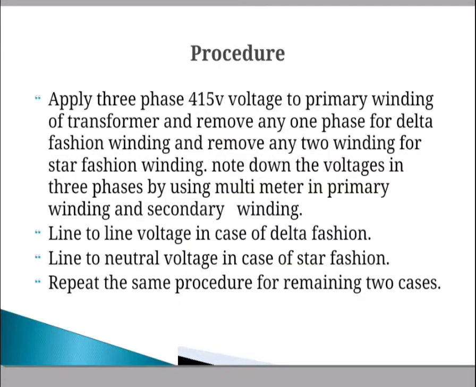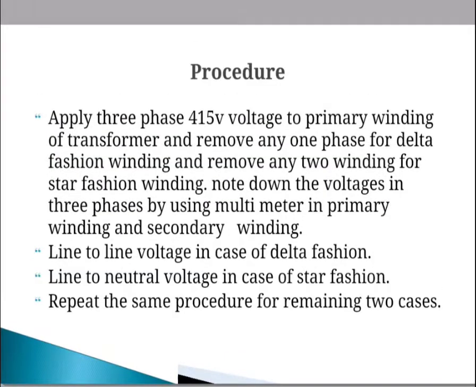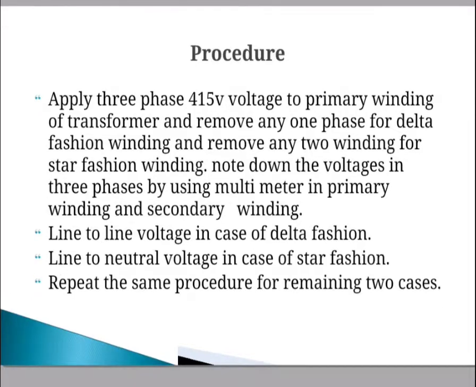We have to discuss the procedure for the magnetizing test. First, apply 3-phase 415 volts to the primary winding of the transformer and remove any one phase for delta winding and remove two phases for star winding. Note down the voltage readings in the three phases using a multimeter in the primary and secondary winding.